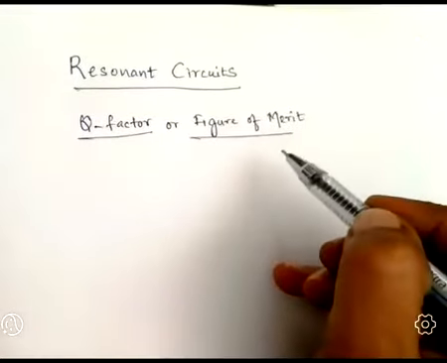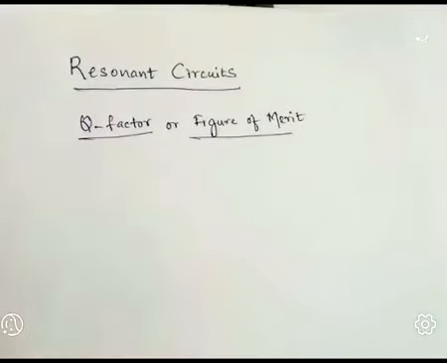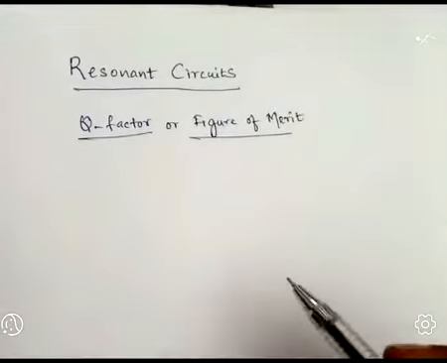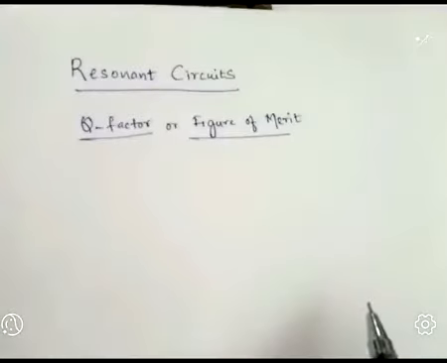We'll see. The resonance phenomenon is observed in AC circuits consisting of reactive elements such as inductor and capacitor. These two elements are basic passive elements of energy storing type.